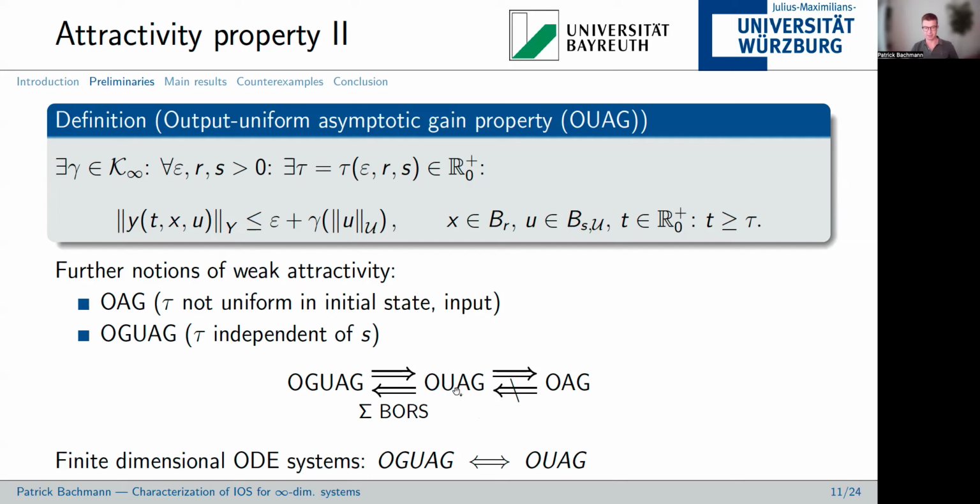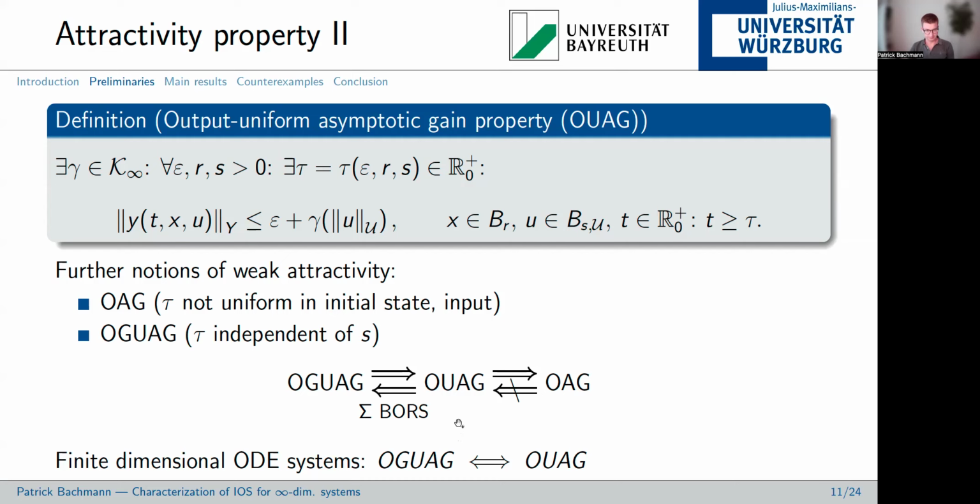But there's a difference between OUAG and the non-uniform version, because it is already known for finite dimensional systems that this equivalence does not hold. However, in finite dimensional ODE systems, we will always have the equivalence between the first two, also because when we treat ODEs, then this BORS property always holds true.